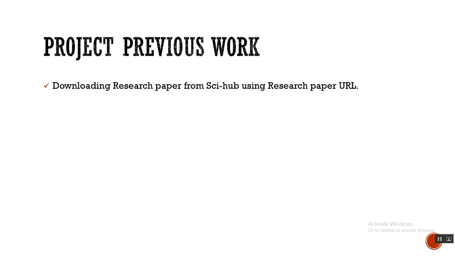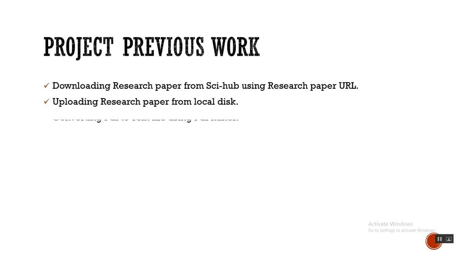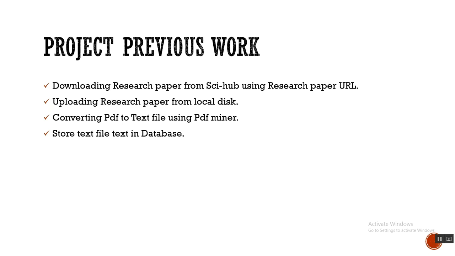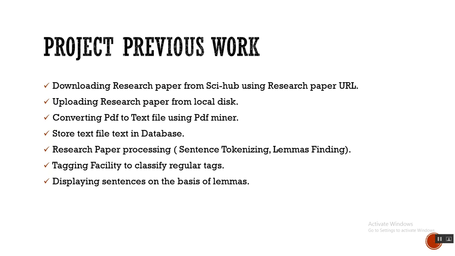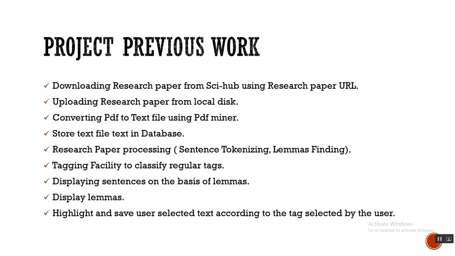Now come to the work which we have done in the first cycle. Downloading paper module, in which we were downloading the research paper through Sci-Hub using paper URL, or uploading the paper from the local disk, converting the PDF to text file using PDF Miner, storing the text into database, research paper processing like sentence tokenizing and lemma finding using NLTK techniques, tagging facility on regular tags, displaying the sentences on the basis of lemmas, displaying lemmas, and highlighting the text and tags which the user had tagged.